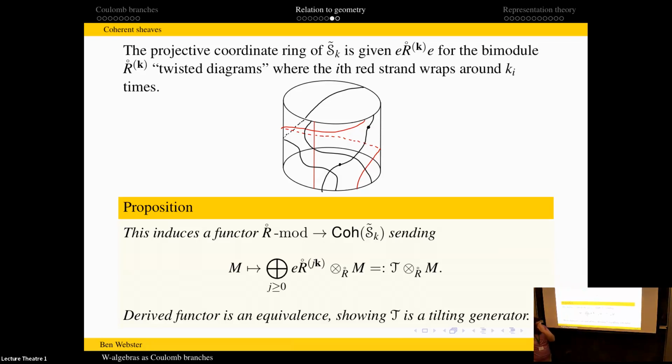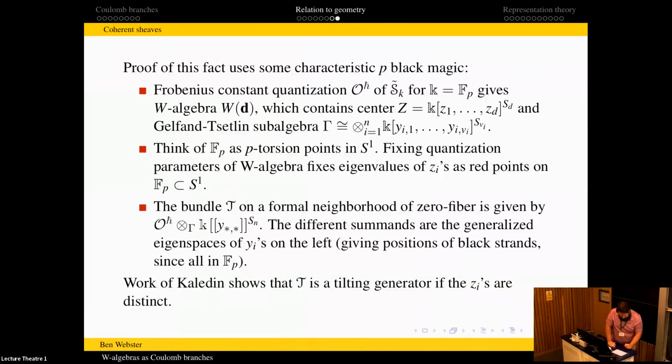In particular, the module R0 itself gets sent to some coherent sheaf, which is a tilting generator. Again, maybe I'll just put this up, say a few words, and if you're interested, we can talk later.